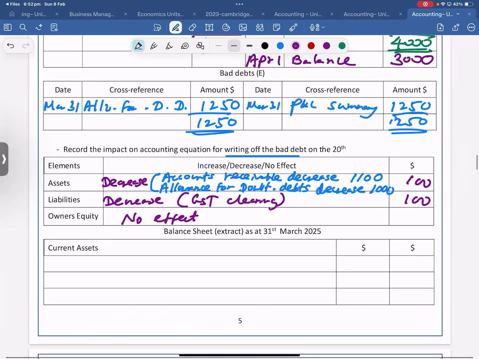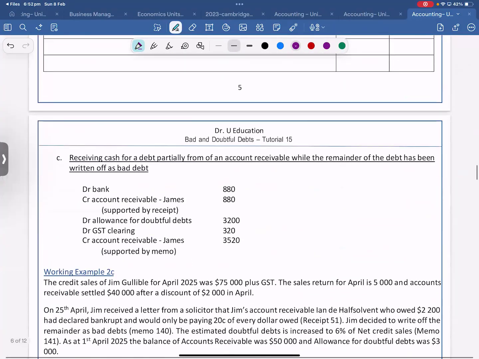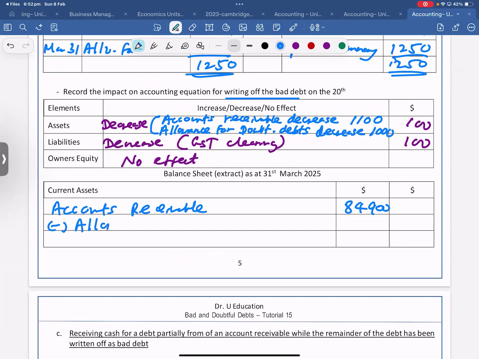Then what are we doing, guys? The last part, which is the balance sheet extract. What is happening? Accounts receivable 84,900. Less allowance for doubtful debt, how much? 3,000.